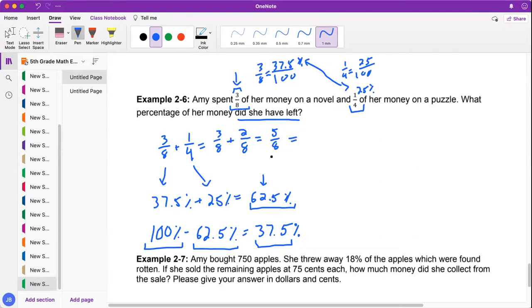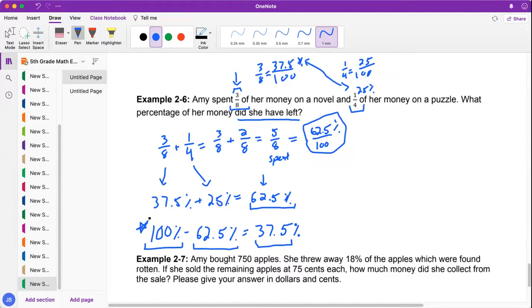So 5/8 is what she spent. And so we can do this as a percentage, over 100. And I know that's 12.5, 5 times 12.5. And that should get us our 62.5%.